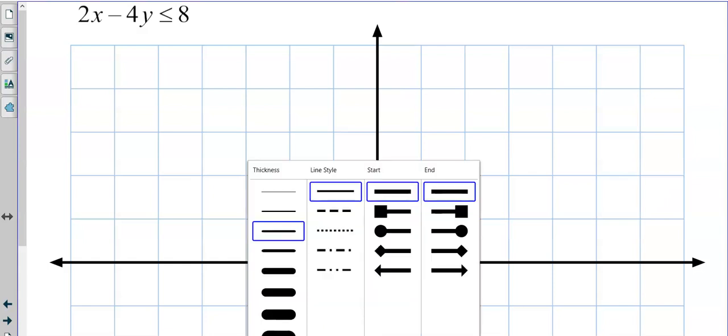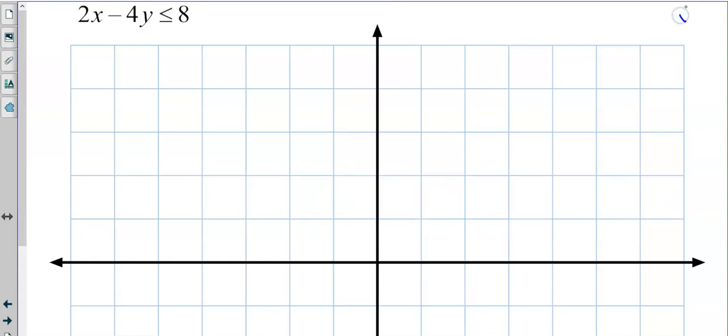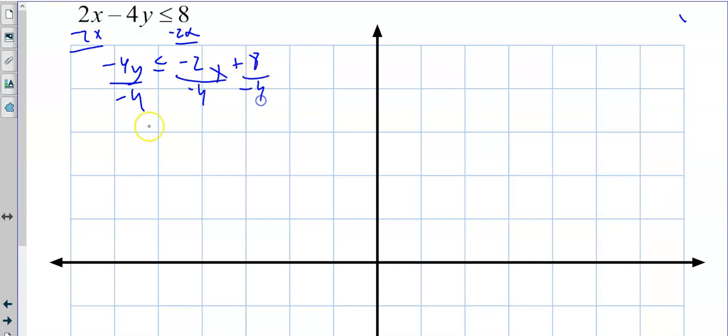Okay, so let's try to solve this equation. You want to solve it for y typically, so I'm going to subtract 2x. Get -4y less than or equal to -2x plus 8. Divide by -4. Get y is greater than or equal to, because I divided by a negative, 1/2 times x minus 2.